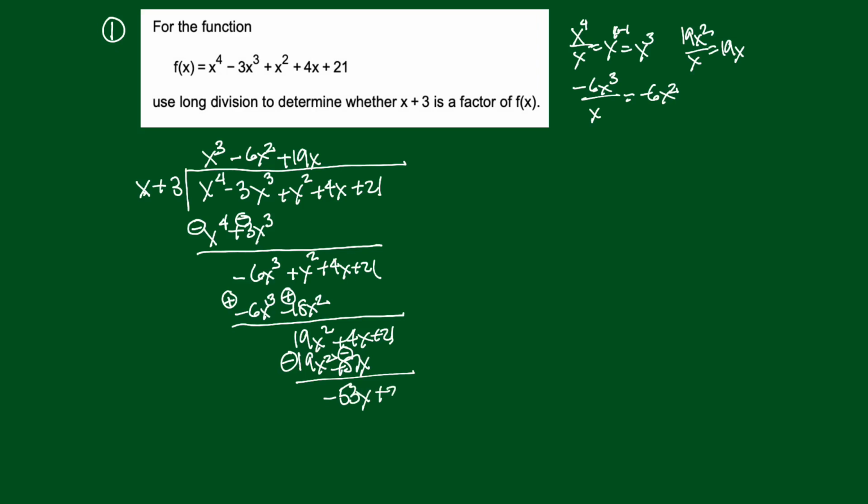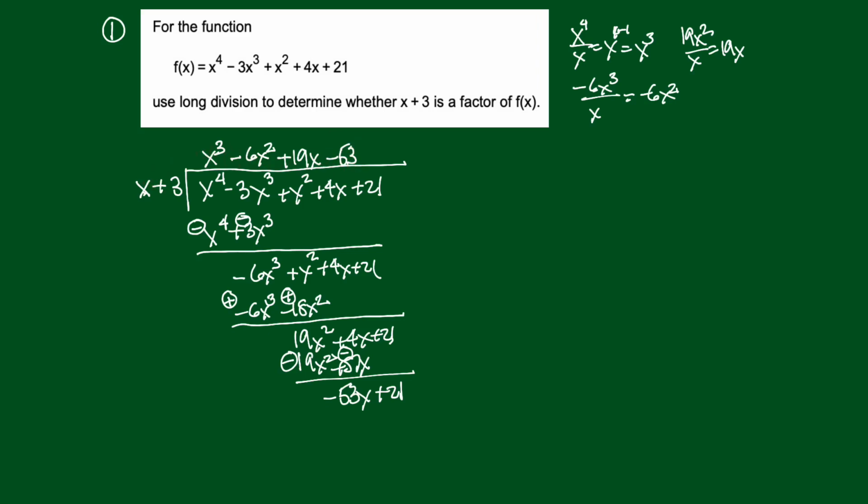Bring down plus 21, and then divide again. X into negative 53x will go negative 53 times, so we will get minus 53. Now let's multiply. So I will get negative 53 times x, negative 53x.